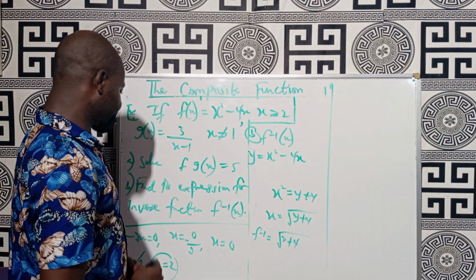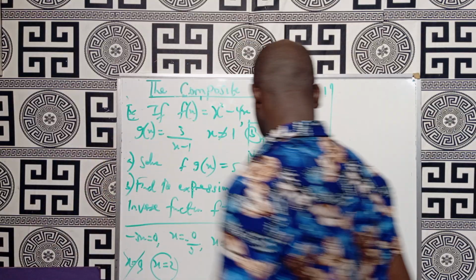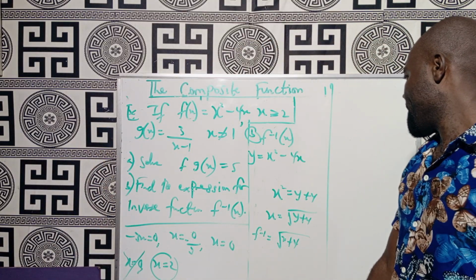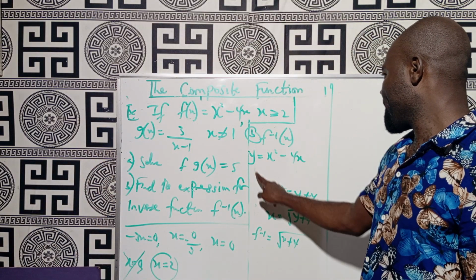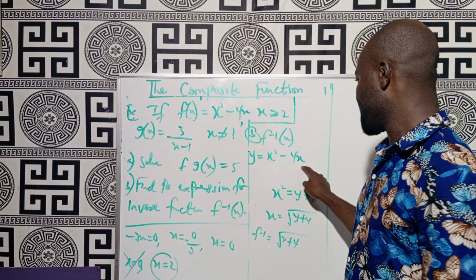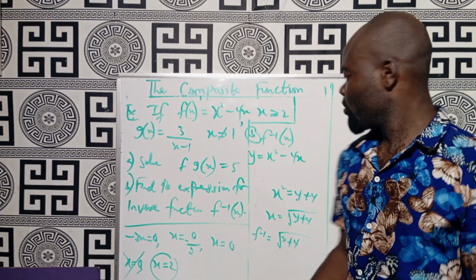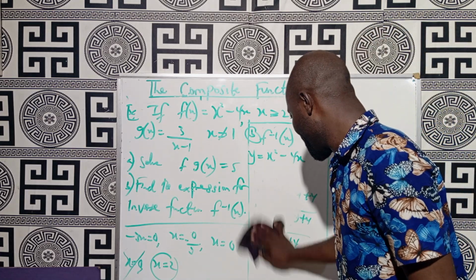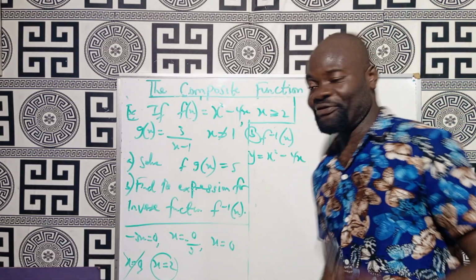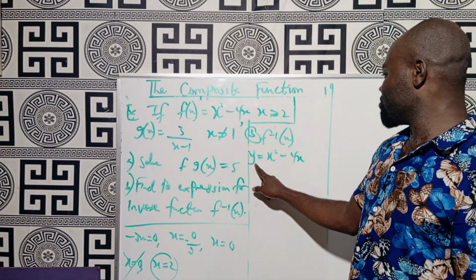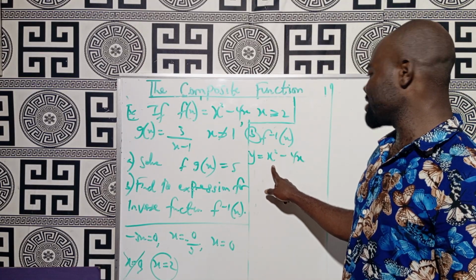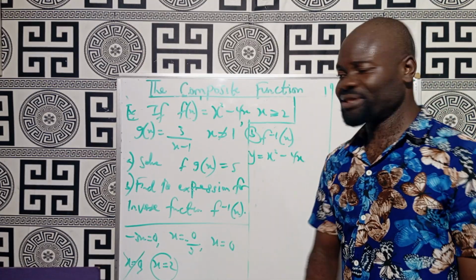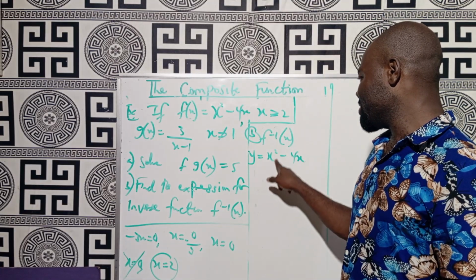Okay. Now, what do we do? What do we do here? Wow. I love this. If we should make x the subject, it's not easy for us because we can't even make x the subject here.